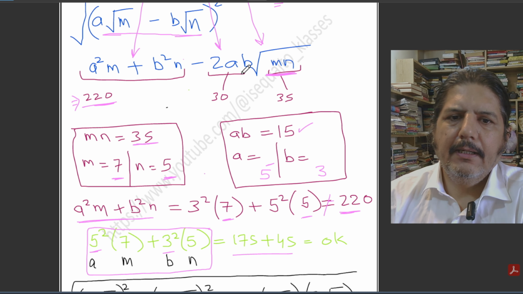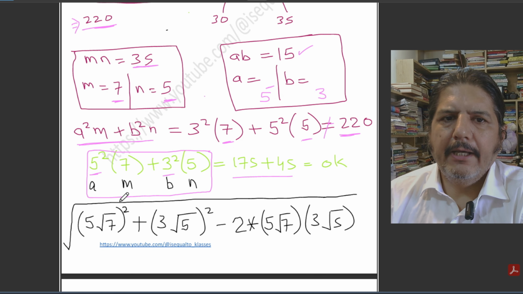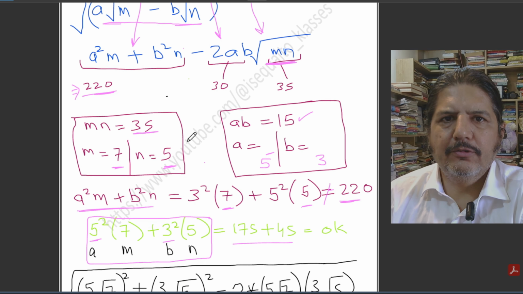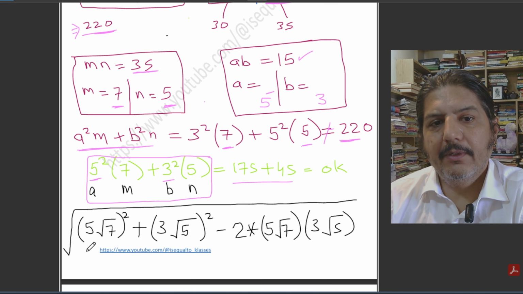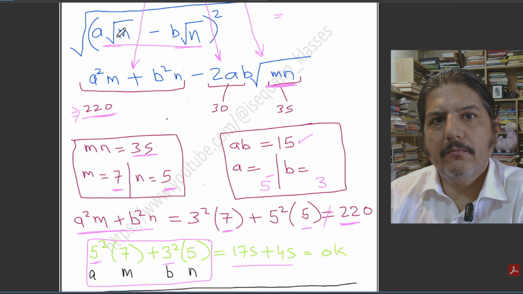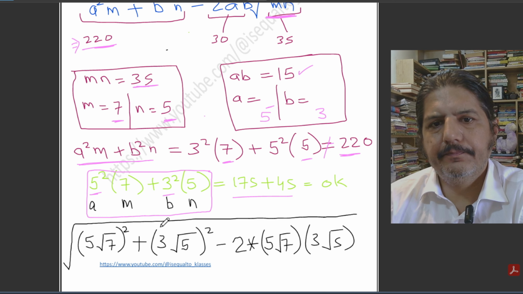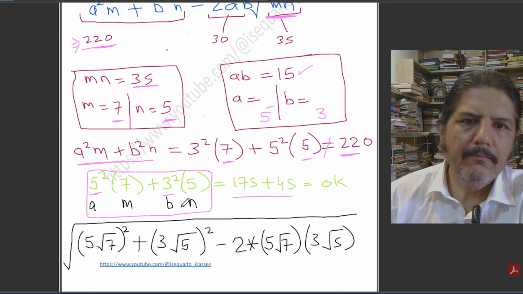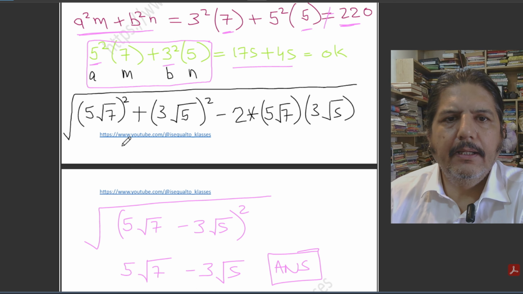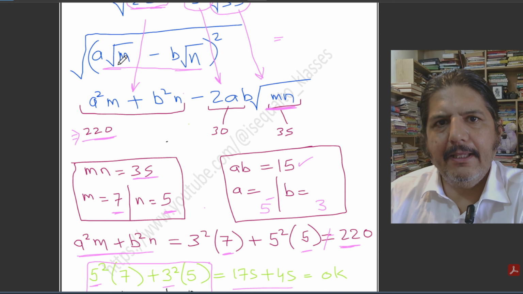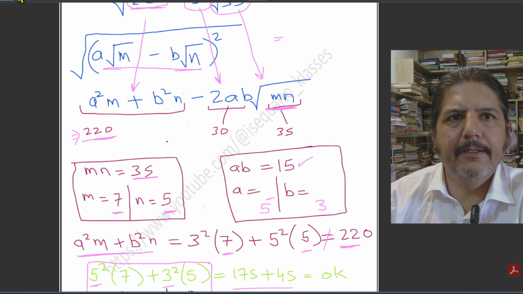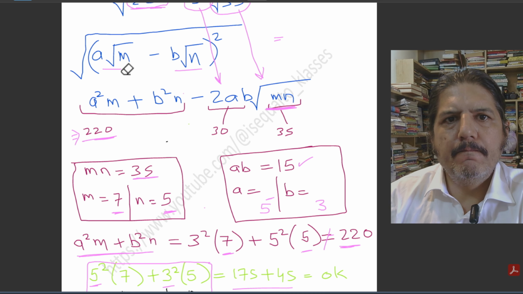So finally I reach this stage where I can write this expression, a square m plus b square n minus 2ab into root mn. I'll write it here so that it makes sense.